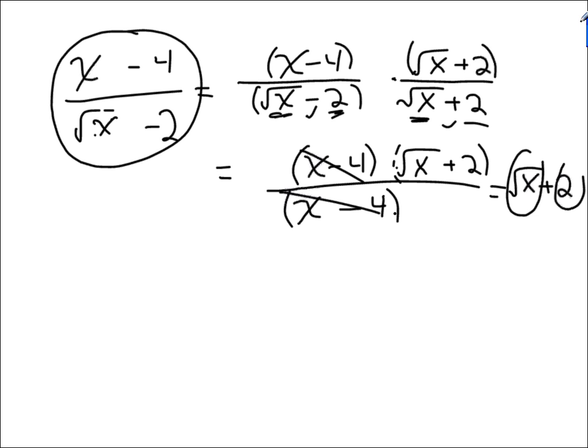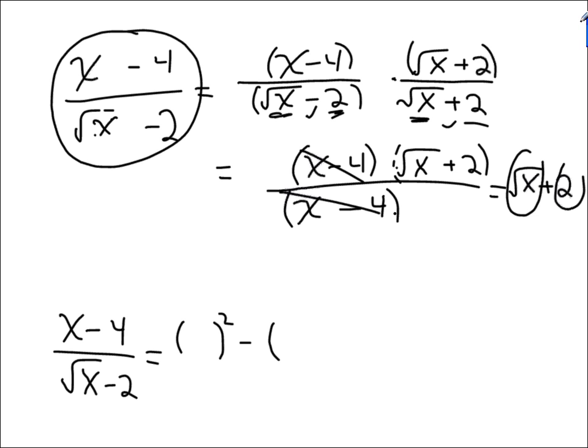Okay, x minus 4 over the square root of x minus 2. I claim the numerator is the difference of squares. What do you square to get x? Square root of x.